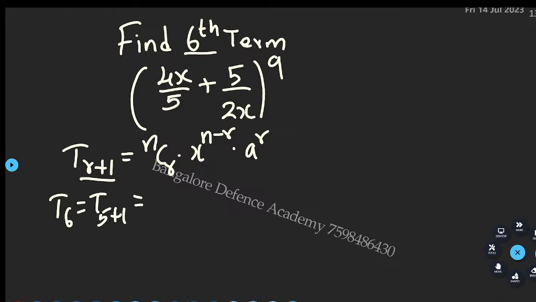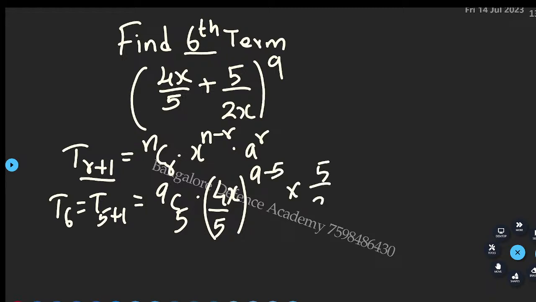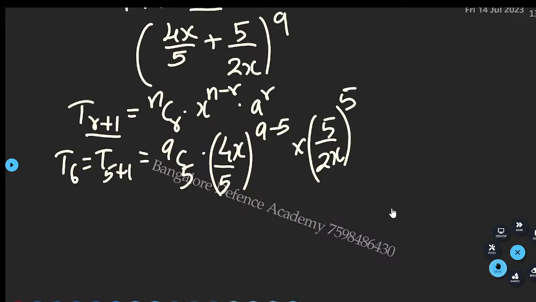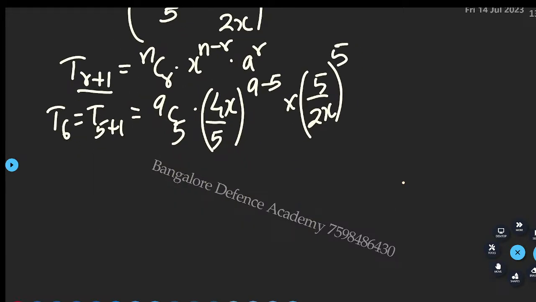So what happens with the formula here now? 9C5. x is how much? (4x/5) to the power of, now n minus r, that is 9 minus 5, correct? And what is this here now? The second term, (5/2x) to the power of r. So r is how much again? 5. Yes or no?